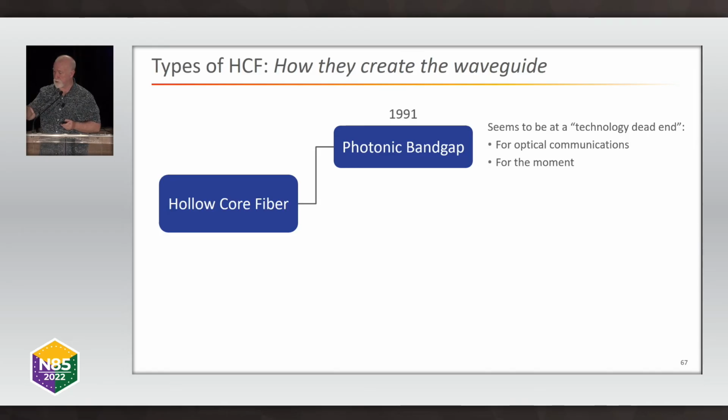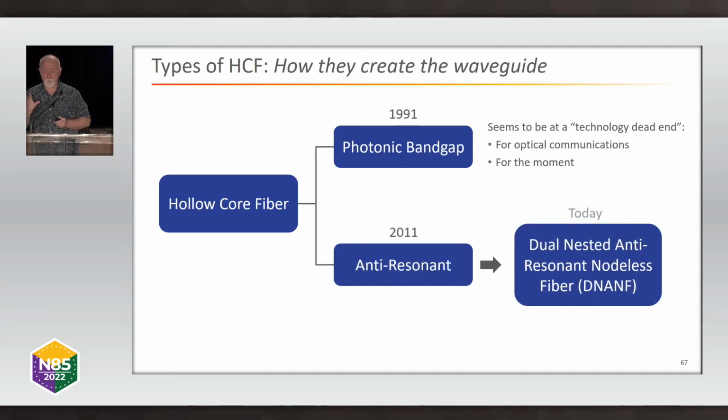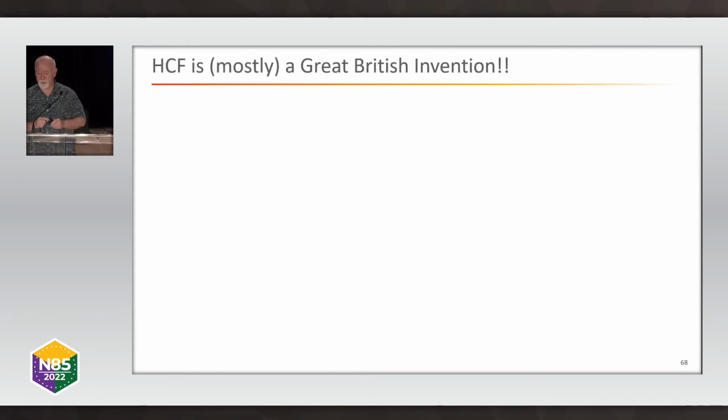It's at a bit of a technology dead end because we can't get the attenuation of Photonic Bandgap fiber low enough. So instead, an approach that first was proposed in 2011 is using an anti-resonant effect as the containment. And the most advanced fiber today is known as dual-nested anti-resonant nodeless fiber, or NANF, or DNANF, which is the record holder at the moment. And it's mostly a great British invention.